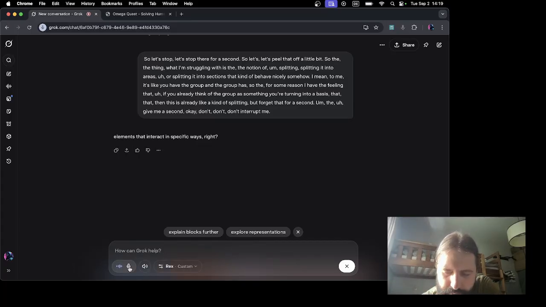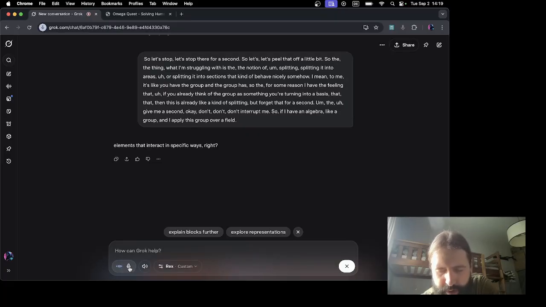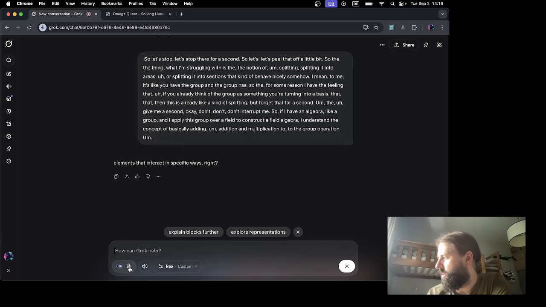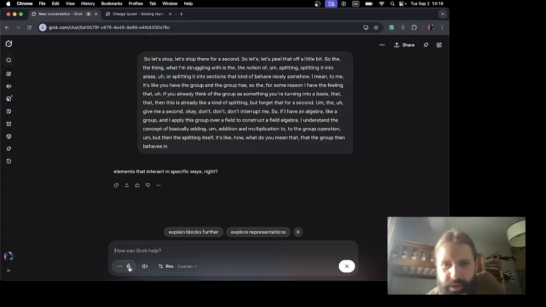So if I have a group, and I apply this group over a field to construct a group algebra, I understand the concept of adding addition and multiplication to the group operation. But then the splitting itself, what do you mean that the group then behaves in a self-contained way? Can you explain that a bit more?